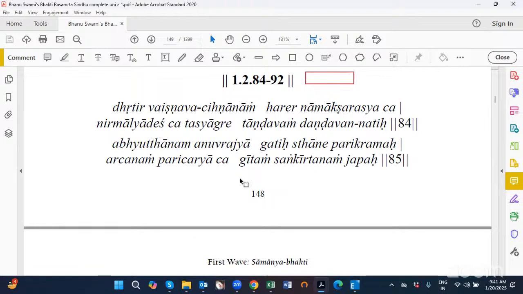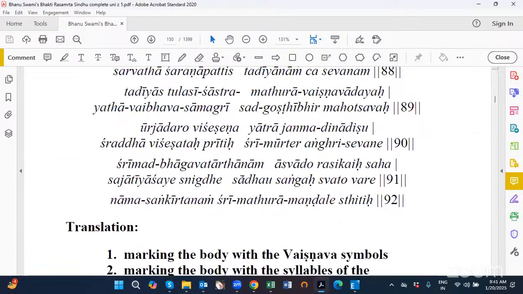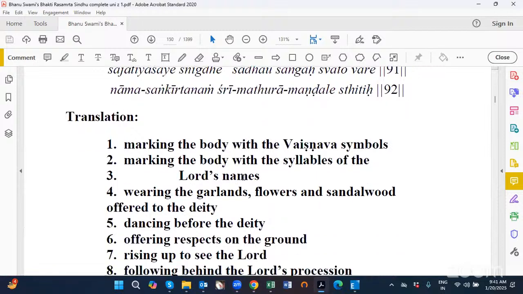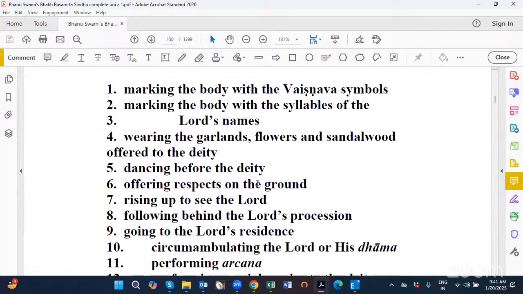Dhritir Vaishnava Chinnana. So one should decorate his body with the signs of Vaishnava, marking the body with the Vaishnava symbol. Then Harer Namaksharasya Cha, marking the body with the syllables of the Lord's name.